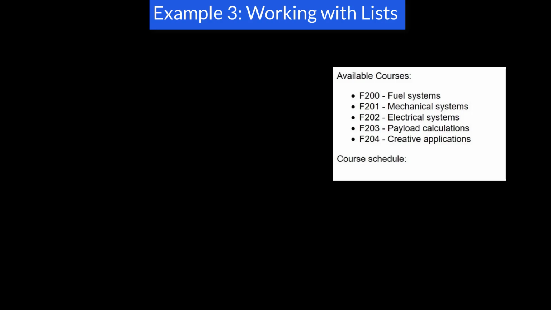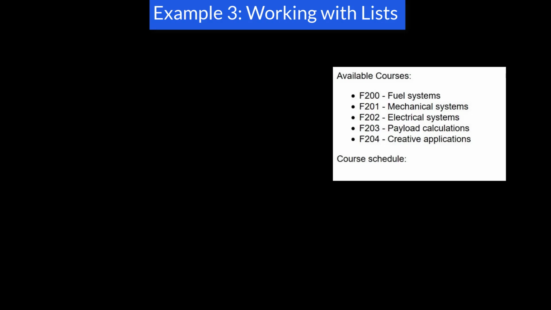For our last demonstration, let's work with lists. Suppose we have a list of available courses and we need to choose 3 for this semester at the Flying Drones Academy. What we want to do is click on a course in the available course list and have that course added to our course schedule list. So we start with 2 lists: available courses with all the courses we're considering, and course schedule, initially an empty list.